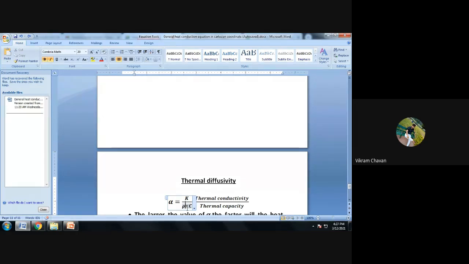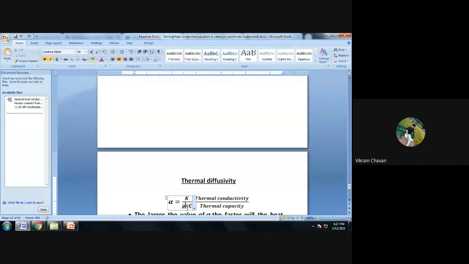Everybody understood what is meant by thermal capacity? Whatever it receives, a maximum amount of heat will be stored, and will be utilized to increase the internal energy of that material.